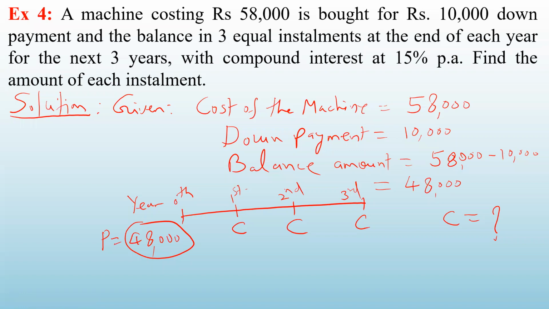Okay. So we will write down the formula for the present value. What is your R here? R is 15% per annum. Now let us write down the formula. What is your formula for present value?